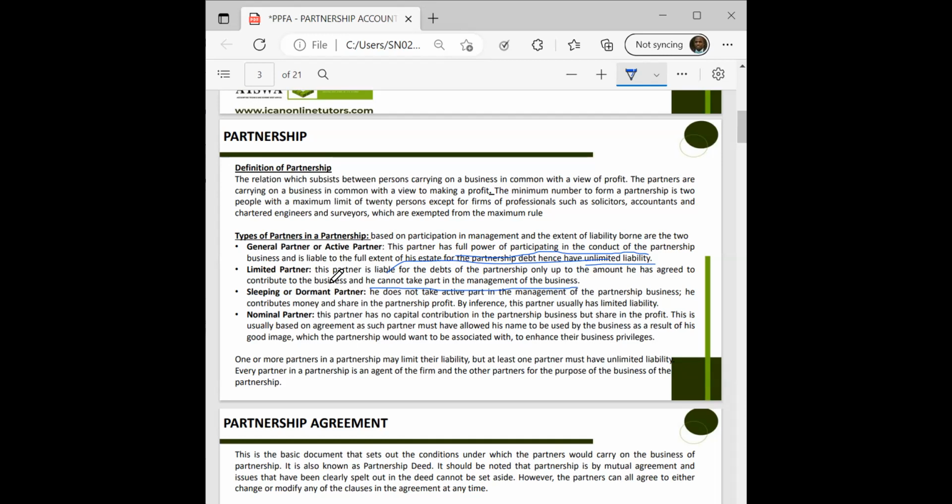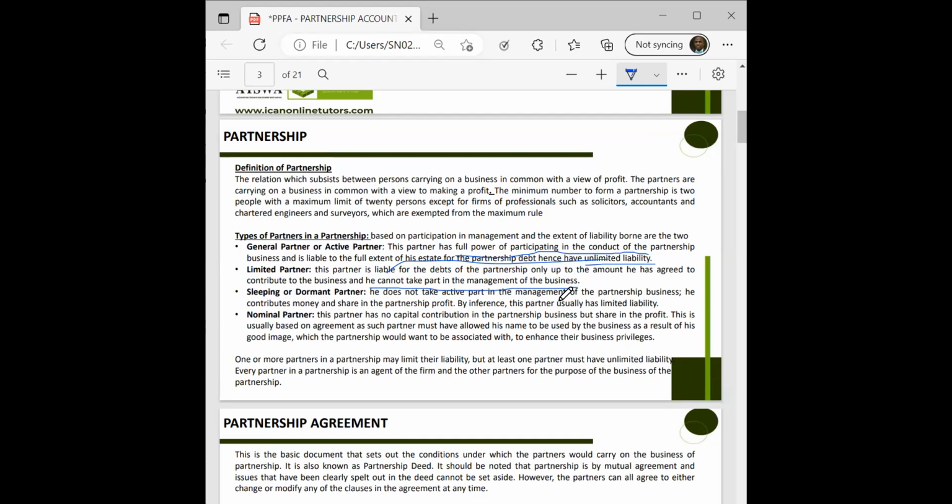It's like a limited partner, right? He does not take part in the activity of the business in any way, in any form. All he does is contribute money and share in the profit. He is not involved at all in the management and also has limited liability.